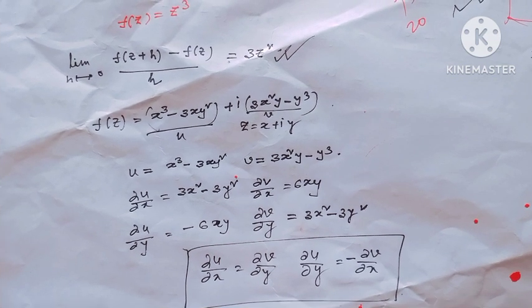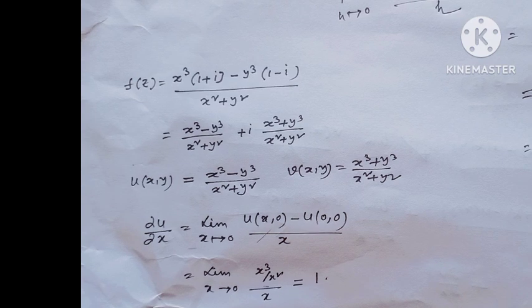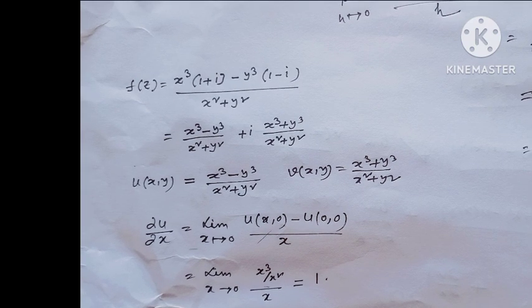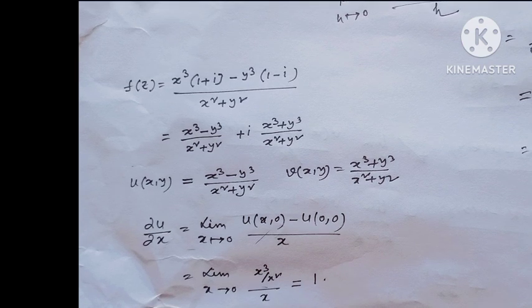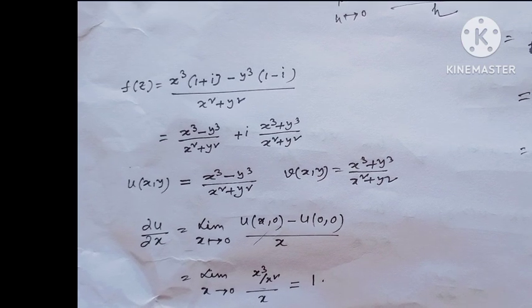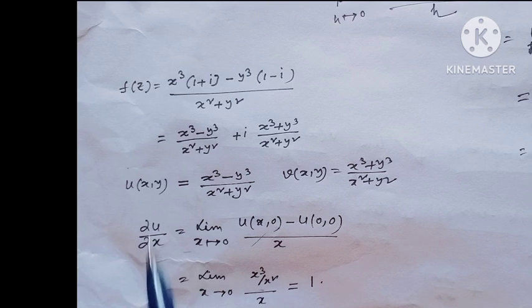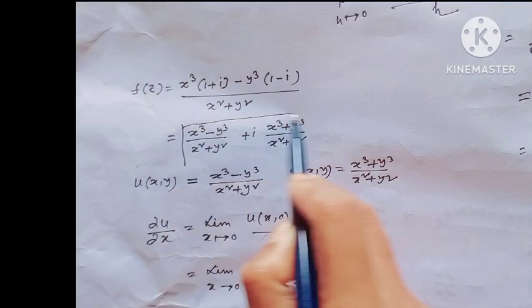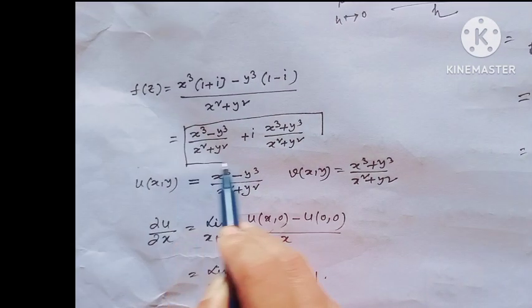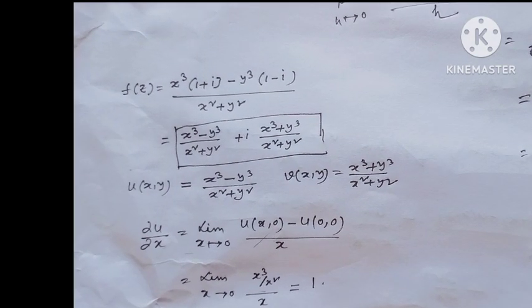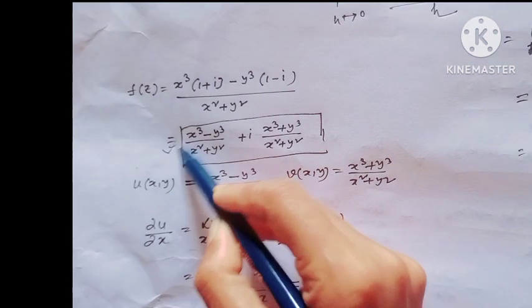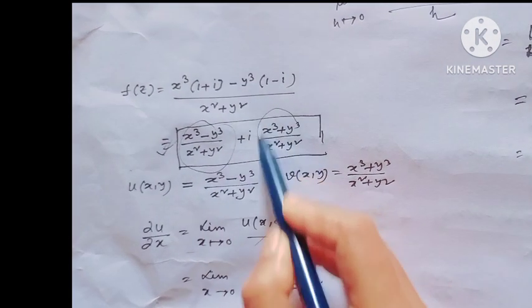As for example, if you consider f(z) equal to [x cube times (1 plus i) minus y cube times (1 minus i)] over x square plus y square. This means (x cube minus y cube) over (x square plus y square) plus i times (x cube plus y cube) over (x square plus y square). And this part is u(x, y) and this part is v(x, y).